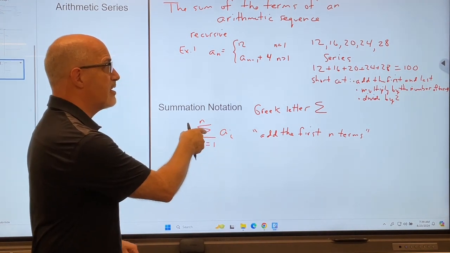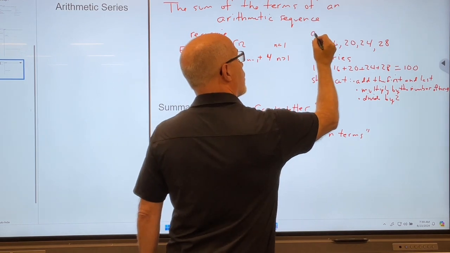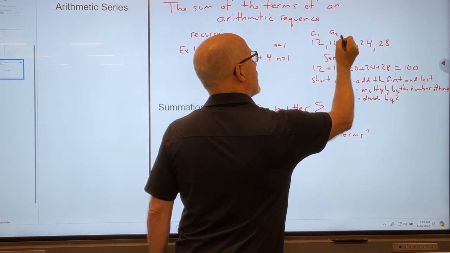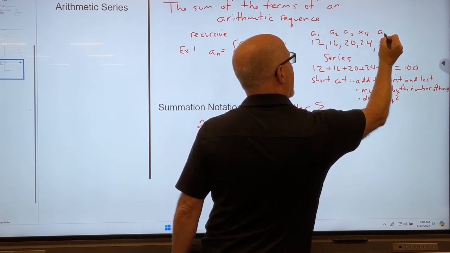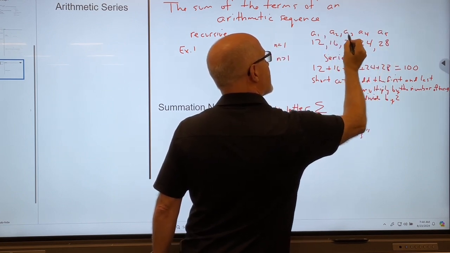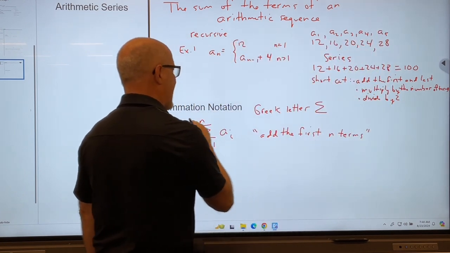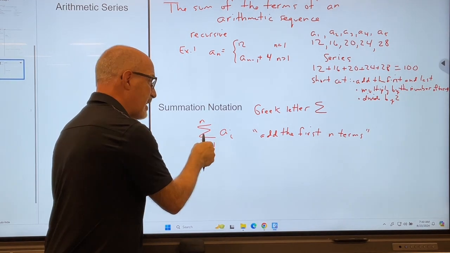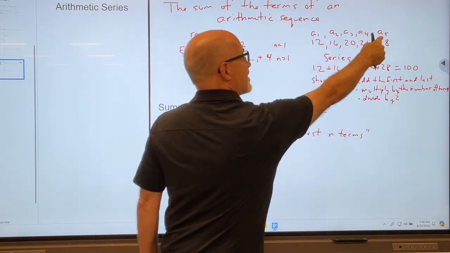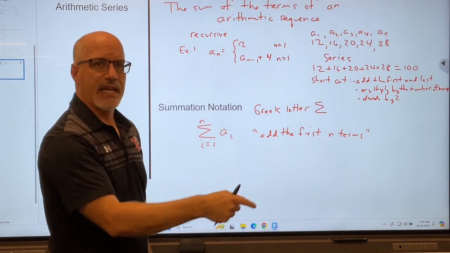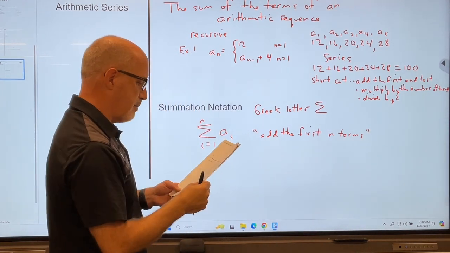So if I've got a sub 1, a sub 2, a sub 3, a sub 4, a sub 5, for these different terms, if I want to add them, this is just saying start with subscript 1, go up to subscript n, in this case it would be 5, and add them together. That's what the notation means.